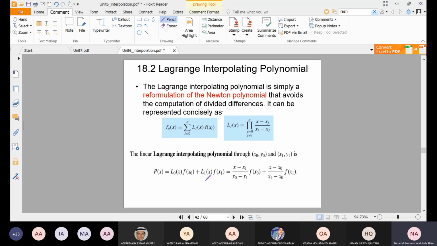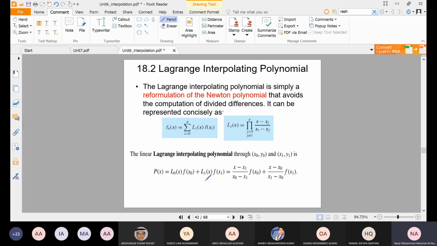So what we have today is Lagrange interpolation polynomial, and this is a simple version of the Newton's interpolation polynomial. So here we just have a reformulation of the Newton polynomial that avoids the computing of the divided difference.